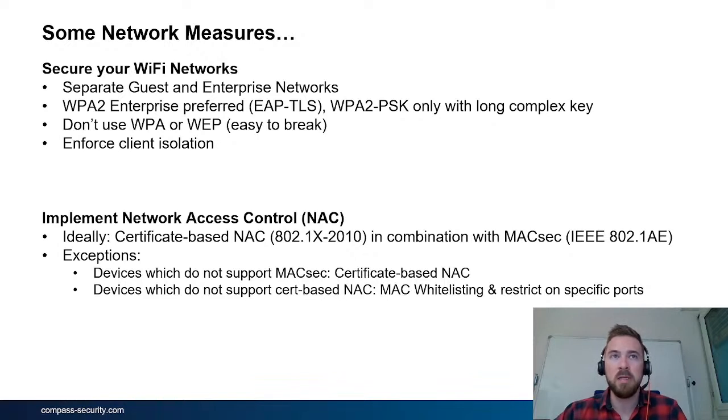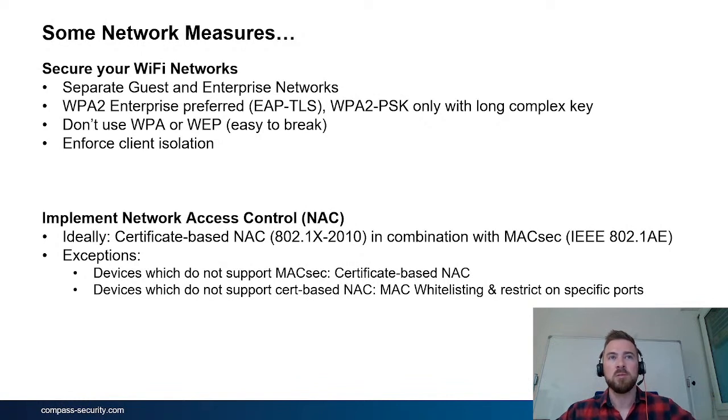What this means, quickly explained, is that certificate-based NAC makes sure that all your allowed devices get a certificate which they use to authenticate to your network. And MACsec makes sure that the communication between the devices and the switches is encrypted, so that if an attacker is in your network and captures network traffic, he cannot see valid, allowed MAC addresses which he can then spoof.